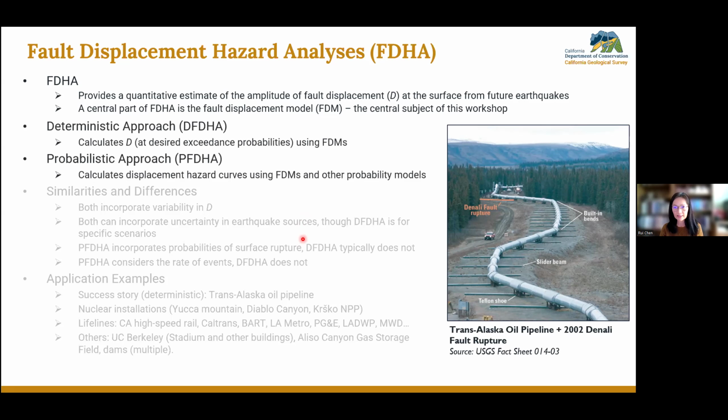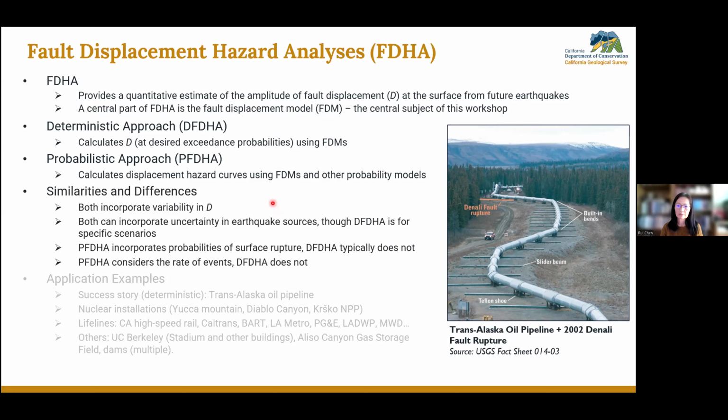There is a deterministic approach and a probabilistic approach. The deterministic approach, DFDHA, calculates displacement using fault displacement models, often at the desired exceedance probability. The probabilistic approach, or PFDHA, calculates displacement hazard curves using fault displacement models and other probability models. There are similarities and differences between the two approaches.